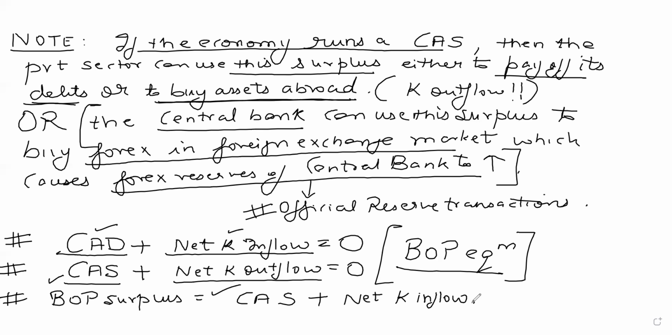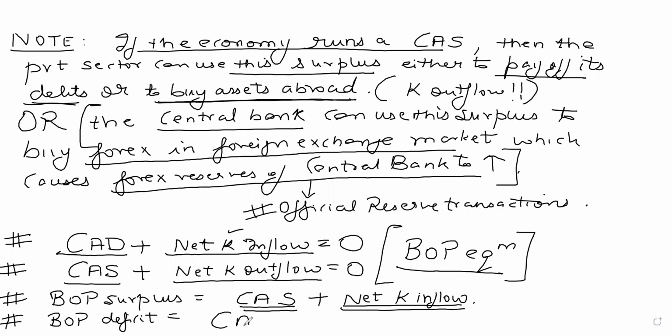So I can say that my balance of payments is in surplus if my current account is also in surplus and capital account is also in surplus. That means net capital inflow. And when do I say that my balance of payment is in deficit? My balance of payment is in deficit if my current account is also in deficit and my capital account is also in deficit. That means net capital outflow.